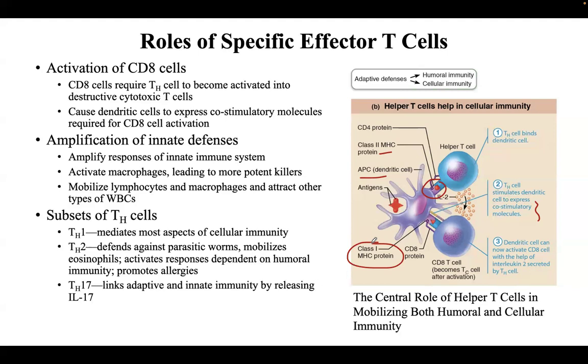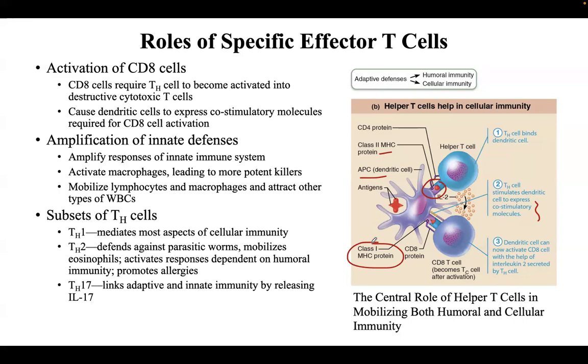Now, on the other hand, the dendritic cell will bind to another CD8 cell, and that CD8 cell will be activated to kill the antigen. So on one hand, the T cell is getting activated with this APC through class 2 MHC.